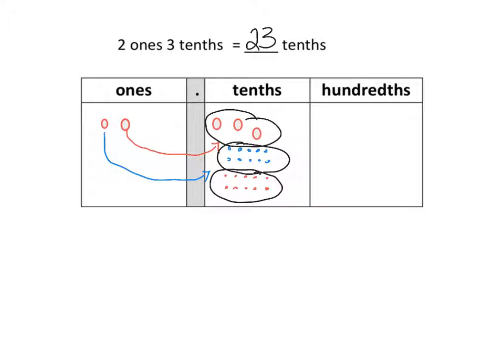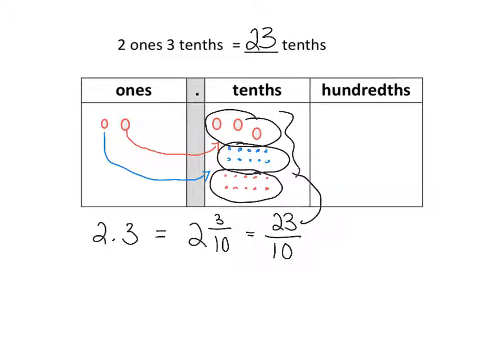Now, 23 tenths could also be 2 and 3 tenths, 2.3, because this is saying 2 and 3 tenths is equal to 2 and 3 tenths, right? We know that already, which is also equal to 23 tenths, because that is what all of this represents.